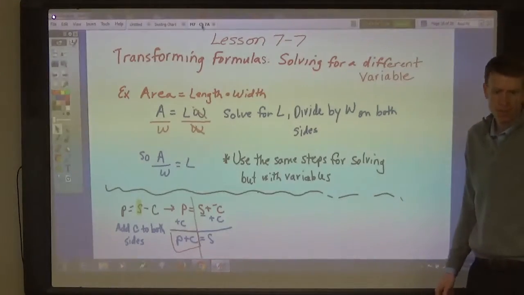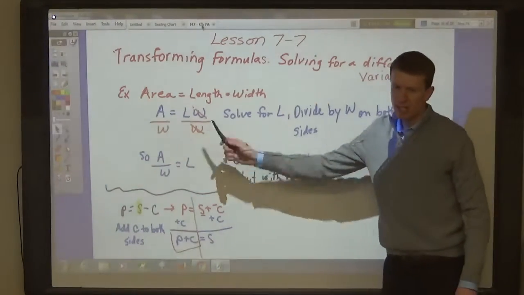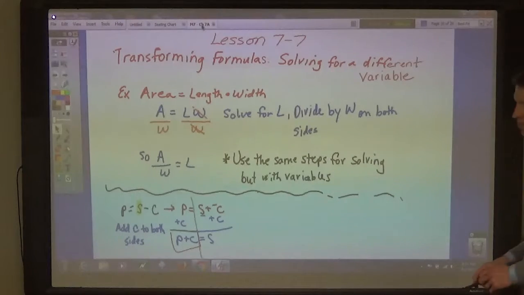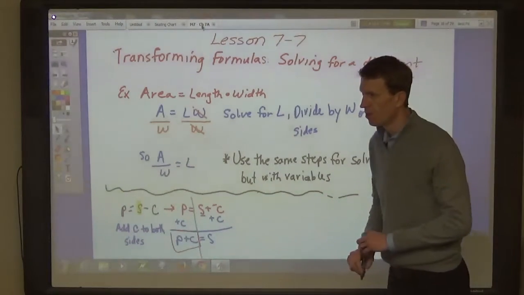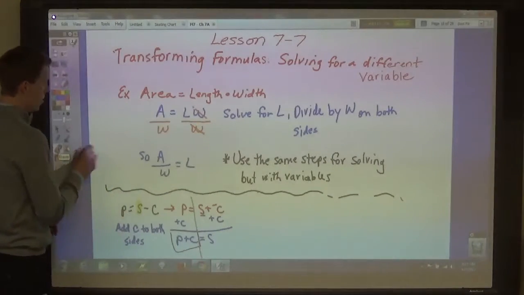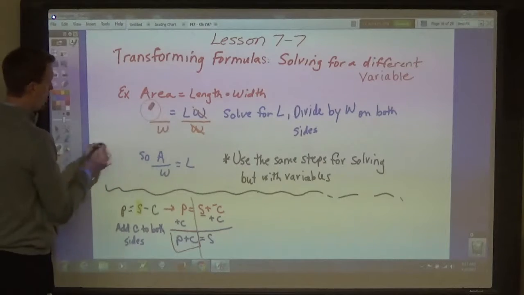Okay? Now, how are we using the same type of procedure in order to solve it for a different variable? What if this was changed so that we actually had numbers here?